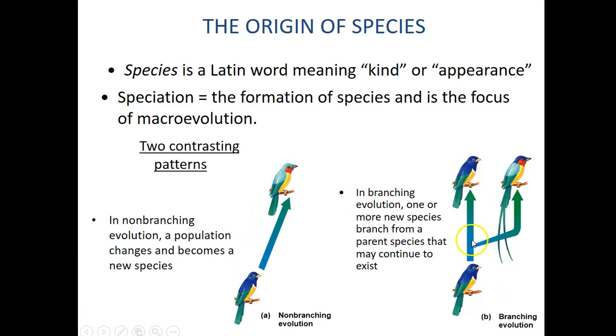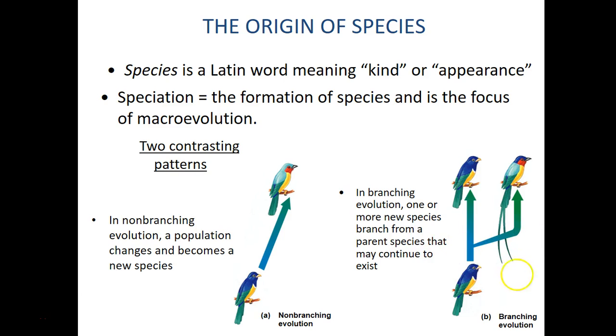Now, the long straight trajectories of once the populations have been divided into two and then accumulating different mutations and forces of selection, etc., you can imagine those through microevolutionary forces.